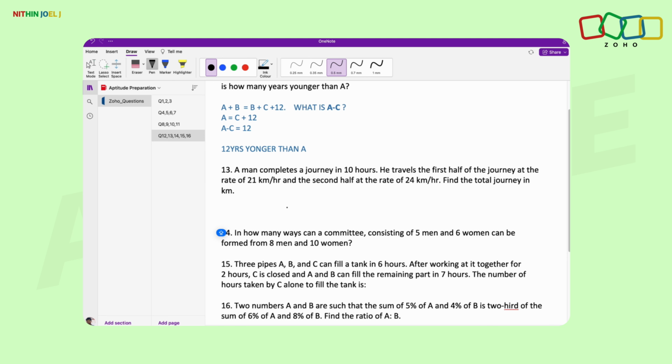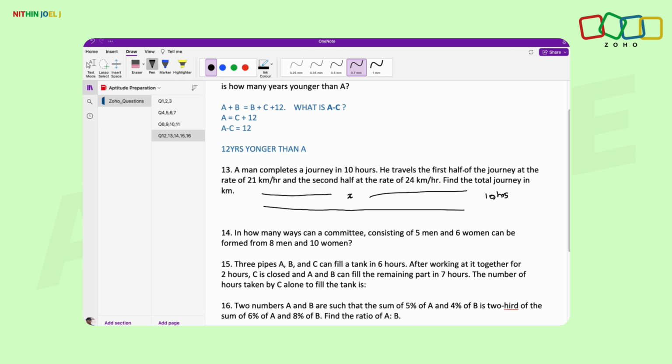Now let's consider this is the distance traveled by the man. Let's keep the distance as x, because we don't know the total length he has traveled. In the statement they have given, the man completes the journey in 10 hours. So he takes time as 10 hours to complete the journey.